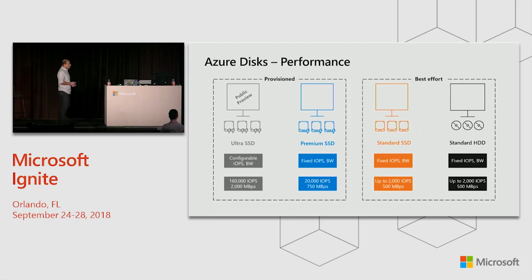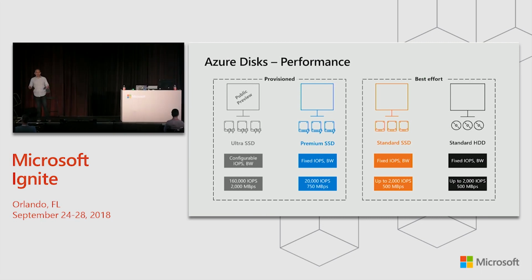Now let's look at the I/O performance. The key thing to remember is that ultra SSD and premium SSD come with provisioned performance. So that enables extremely high IOPS for both these types of disks. Ultra SSD can go all the way up to 160,000 today, and as Michael said, it can go even higher if you have a VM that can do more.